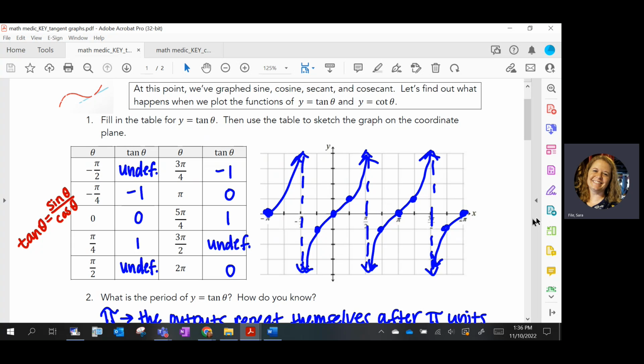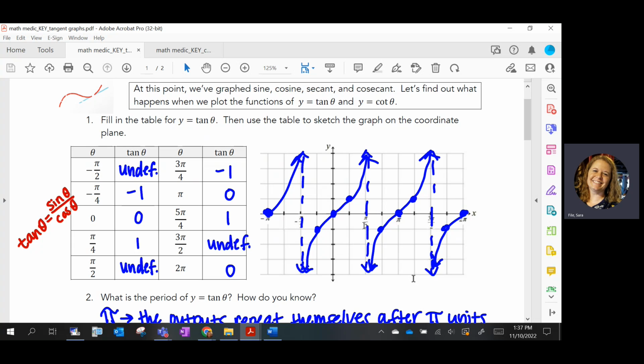Now, this one ends up having a smaller period than sine, cosine, secant, and cosecant, because you do one of these curves, you get to the next asymptote, and it repeats. So it's not having to have one opening up asymptote, one opening down, another asymptote, and then repeat. It repeats between every single asymptote, and the asymptotes are spread out the same as they were for secant and cosecant.